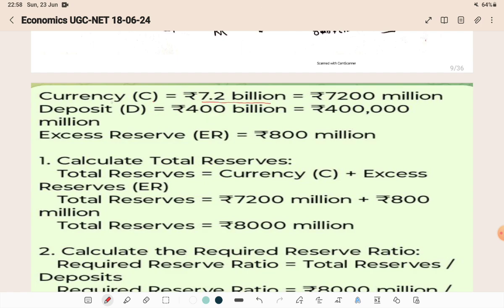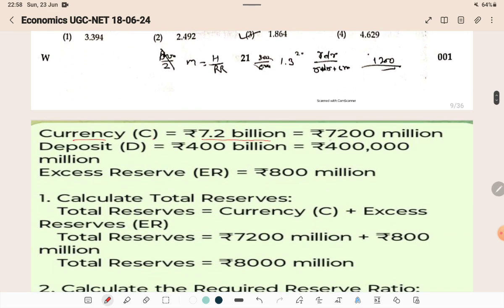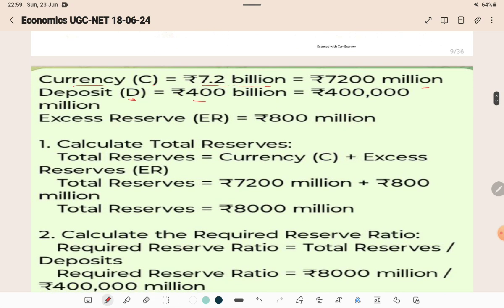So if currency is given as 7.2 billion, it will equal 7,200 million, and deposit D as given in that question, 400 billion, will be 400,000 million. Excess reserve is given as 800 million. So all the units are the same now: million and million here.